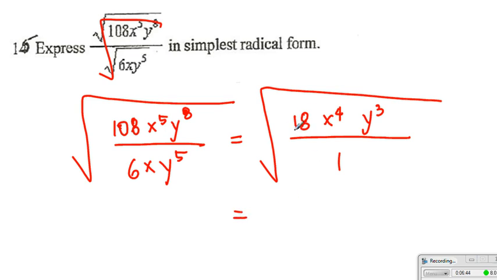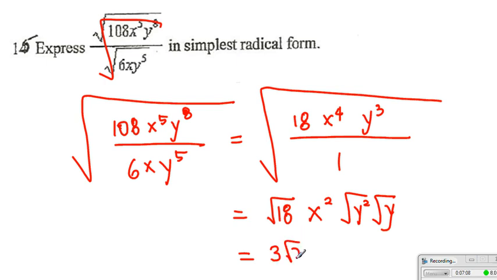Then when you simplify, this becomes the square root of 18, which we know how to simplify later, times radical x to the 4th power, which means simply x squared, and the square root of y cubed. Now I can break that into y squared times the square root of y. Then the square root of 18 becomes 3 square root of 2 when you simplify. So we get 3 square root of 2 times x squared, y squared becomes simply y, and the square root of y by itself.